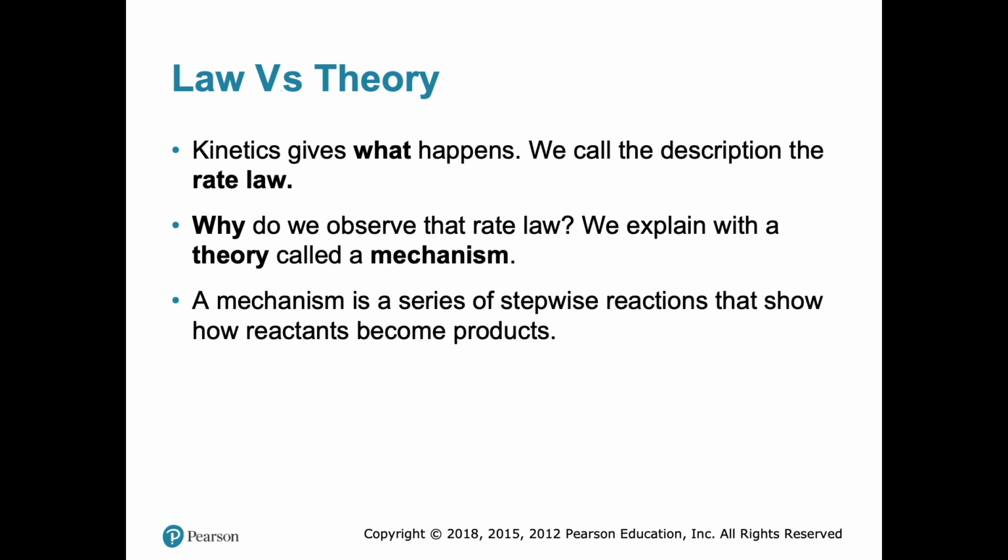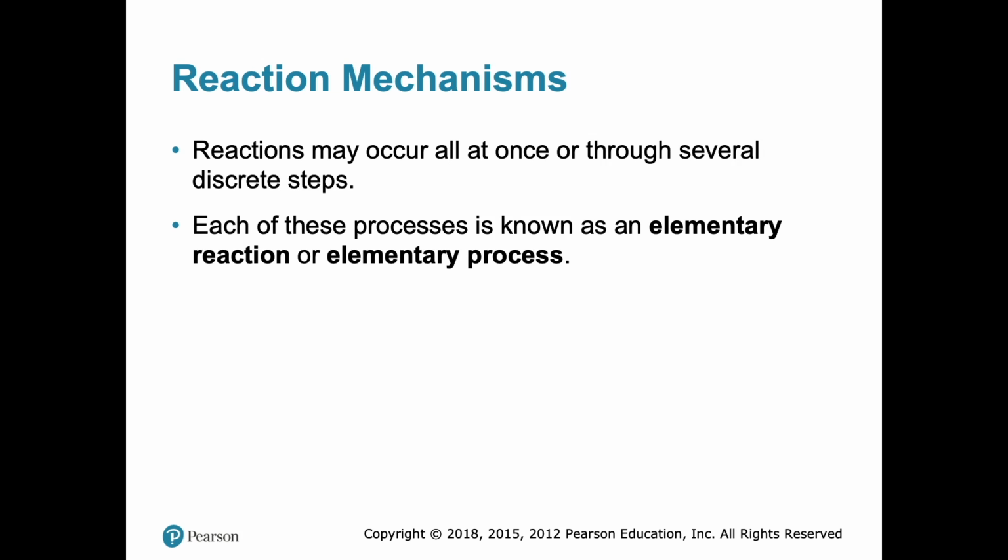We won't be doing any of that here, but just be prepared for that kind of thing. Reactions may occur all at once or through several discrete steps, and each of these processes is known as an elementary reaction or elementary process, okay?